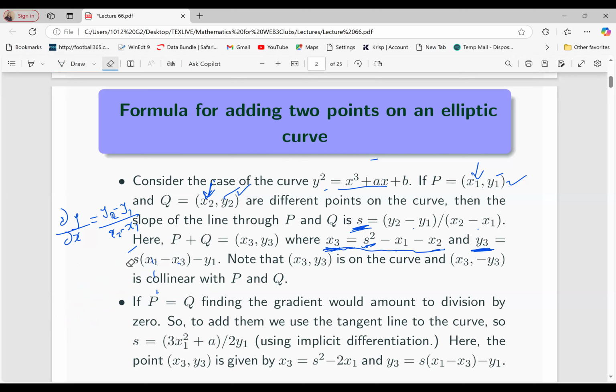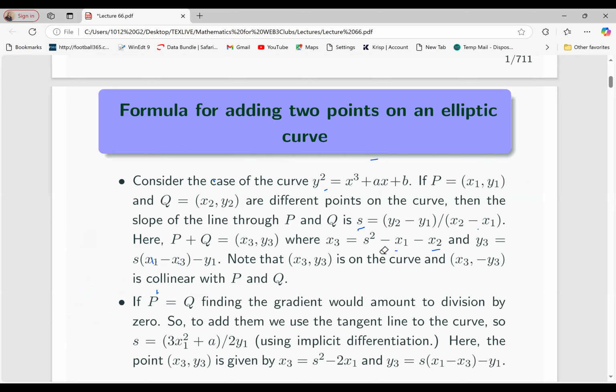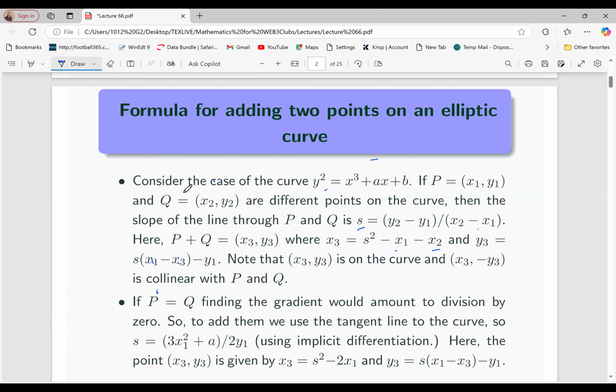And again, if you are writing a program to assist you in summing the points of the elliptic curve, then you give it the formula to get x3, and you give it the formula to get y3.